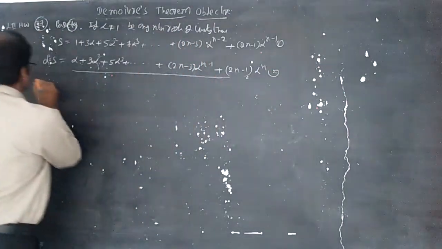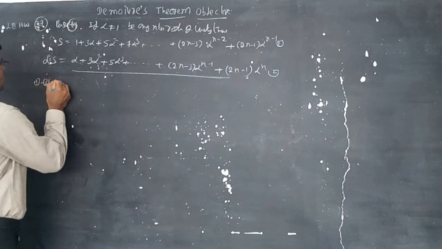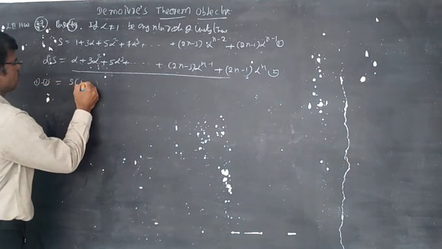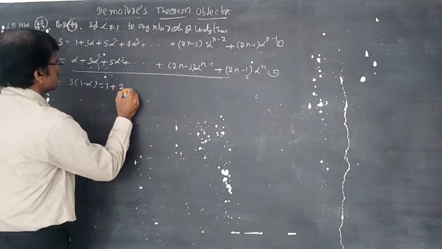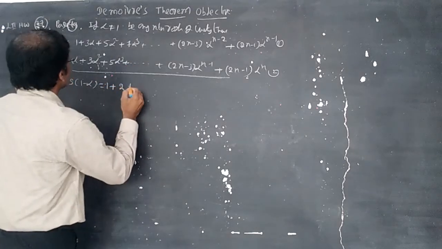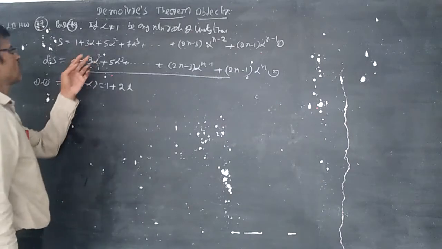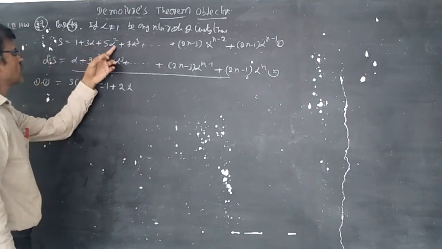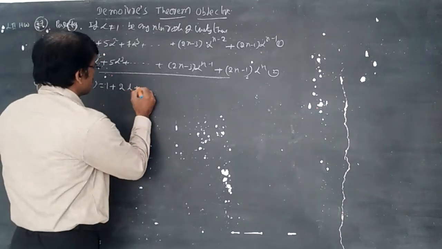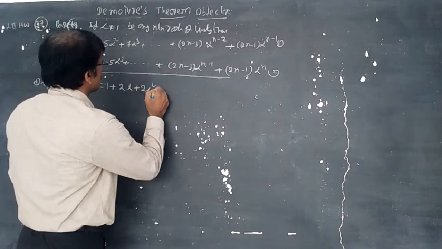Now subtract 1 minus 2. Taking s common, 1 minus alpha is equal to 1 plus this is 2 alpha, this is 2 alpha plus 5 alpha square minus 3 alpha square becomes 2 alpha square.